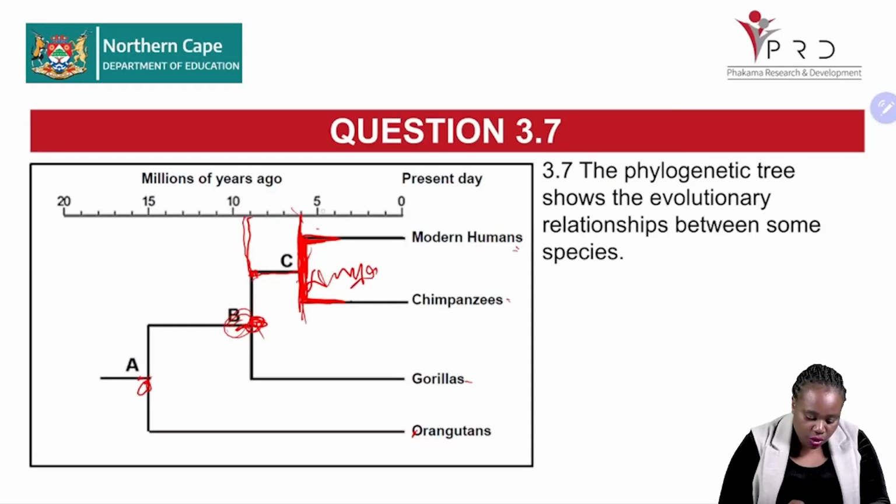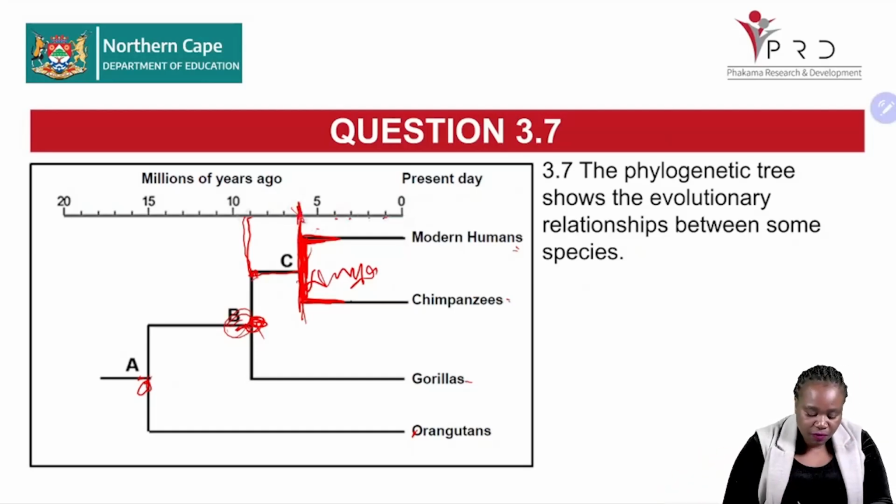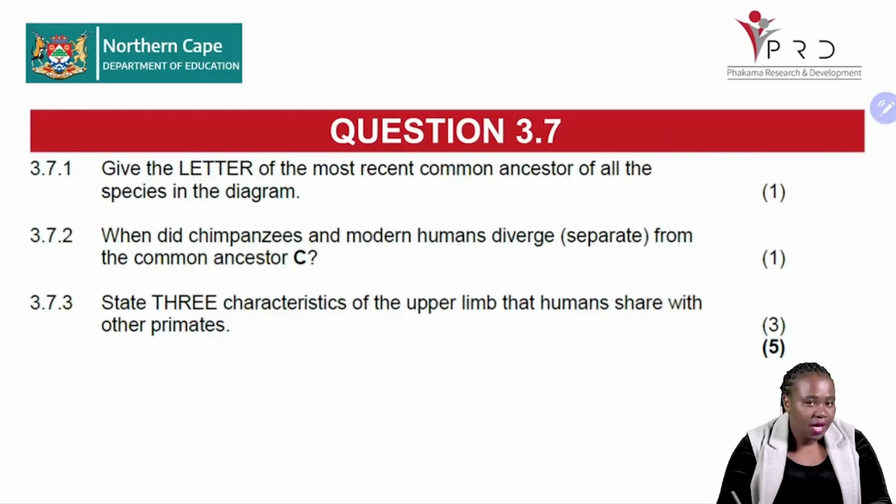So if we are moving that way, it means here we have 0, 1, 2, 3, 4. Yes, then that means that it would be 6 million years ago instead of 4 million years ago. Remember, we are counting from 0 upwards. So just before 5, from 10 going downwards, it would then be 6 million years ago instead of 4 million years ago.